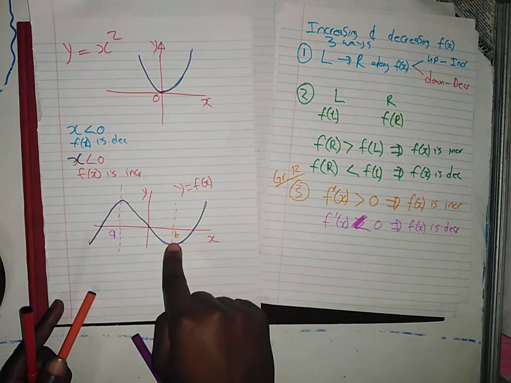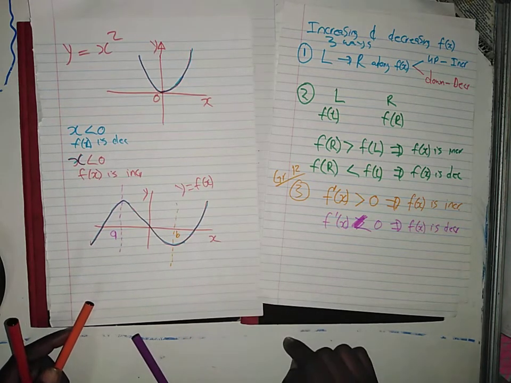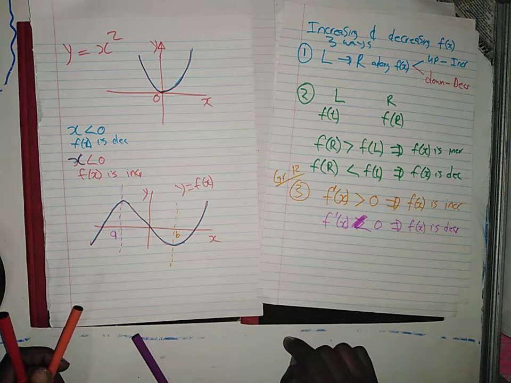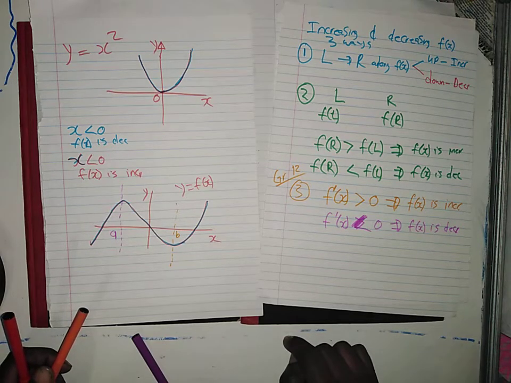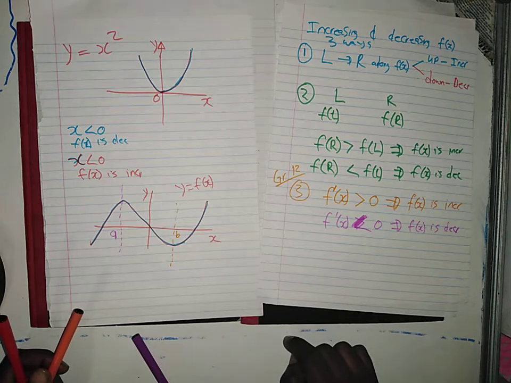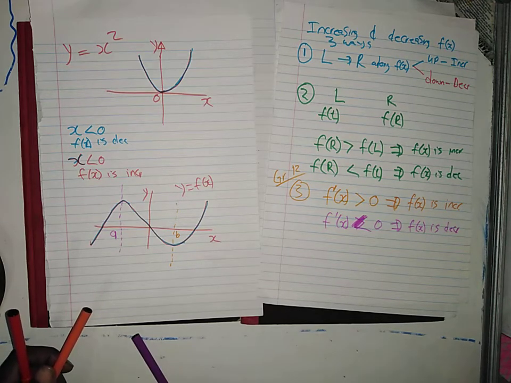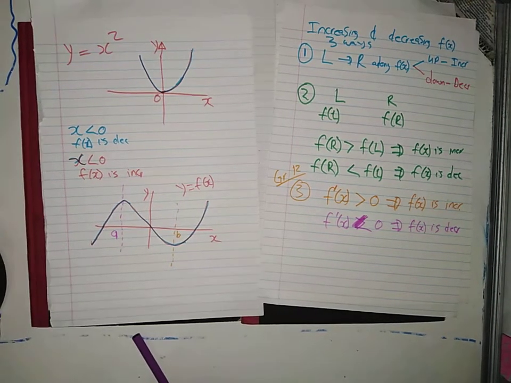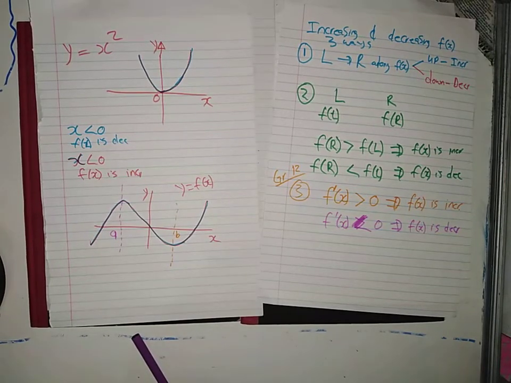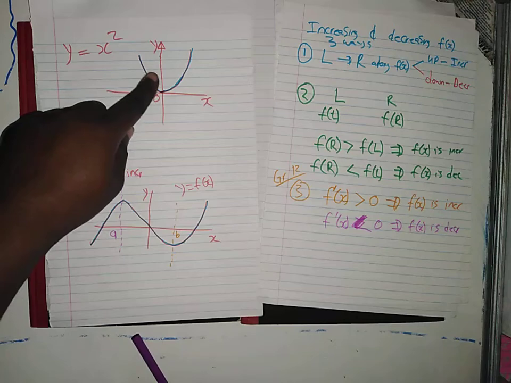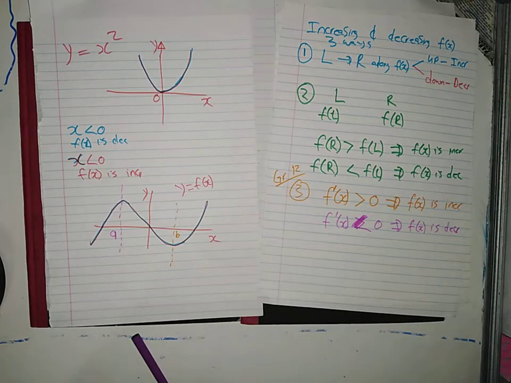And then from B to infinity, what is happening? f at x is increasing, right? So all in all, it proves what we said earlier. Earlier we only had two intervals, one decreasing and the other increasing. But here you've got 3 intervals.